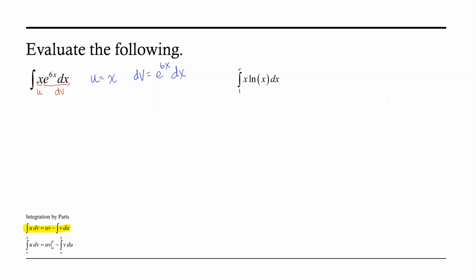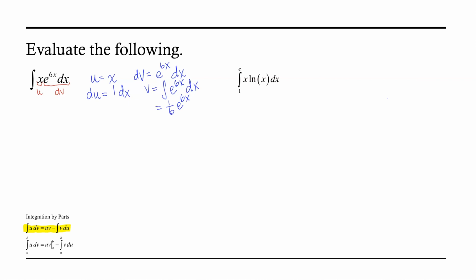If u is x, then du is the derivative of u, so the derivative of x is 1 dx. And v is the antiderivative, or the integral of e to the 6x dx. The antiderivative of e to the 6x dx is 1/6 e to the 6x.